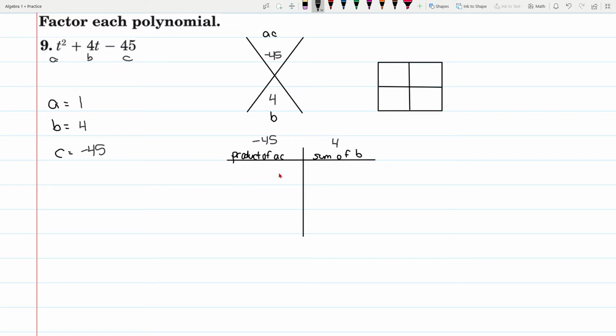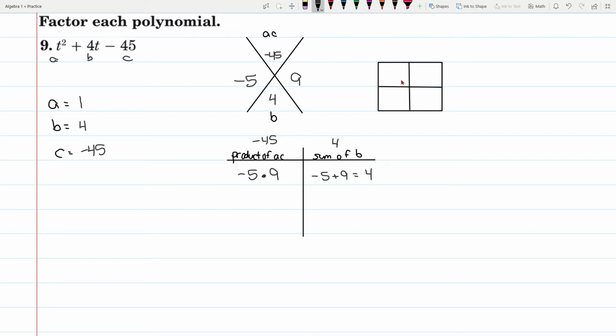You start to think of things that multiply together to be 45, like 9 and 5. Negative 5 times 9 multiplies to negative 45, and negative 5 plus 9 does add up to positive 4. So we're looking at negative 5 and positive 9.